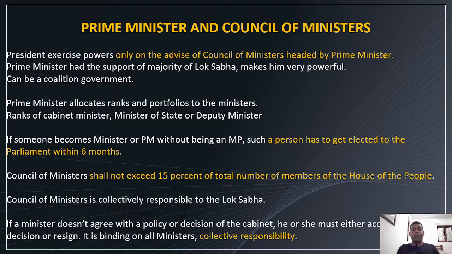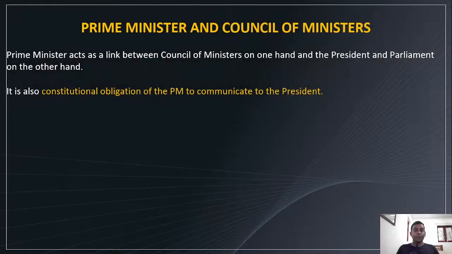Okay, so these are the things about Prime Minister and Council of Ministers. Next, Prime Minister and Council of Ministers, continuing. Prime Minister acts as the link between Council of Ministers on one hand and the President and the Parliament on the other hand. It is because it's a legal obligation.